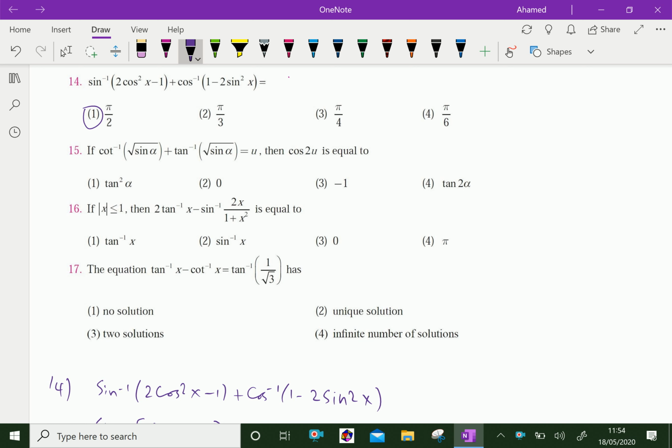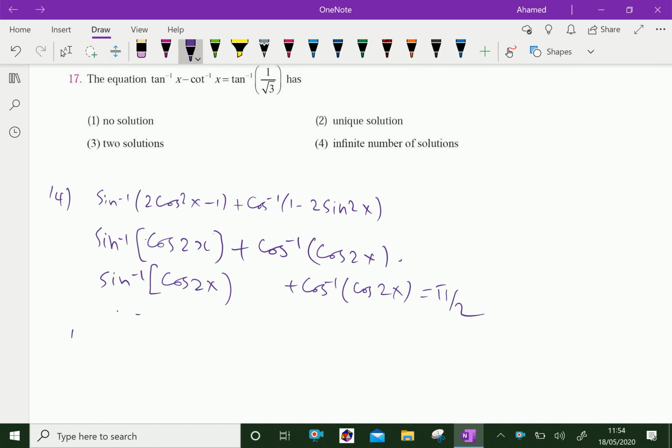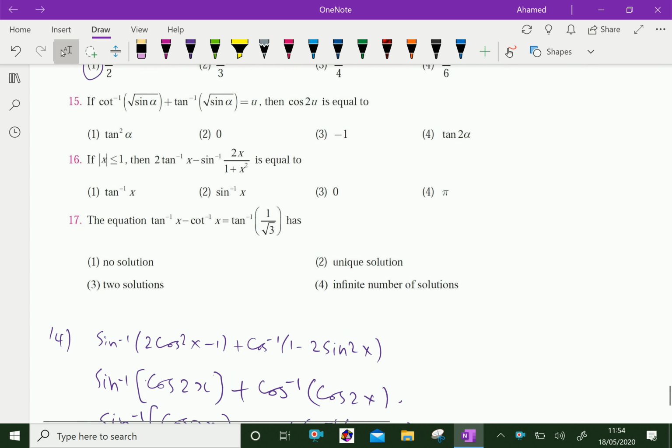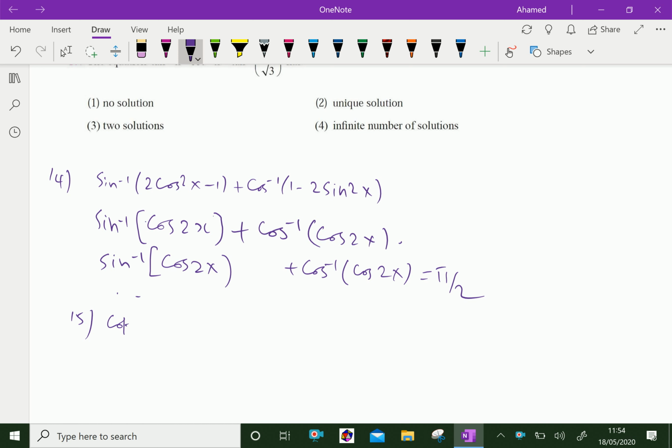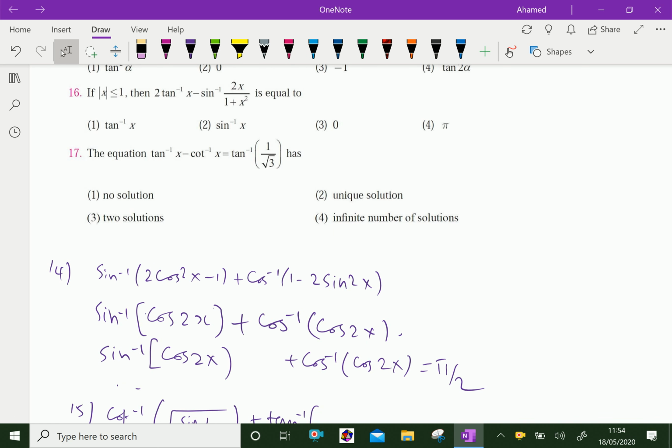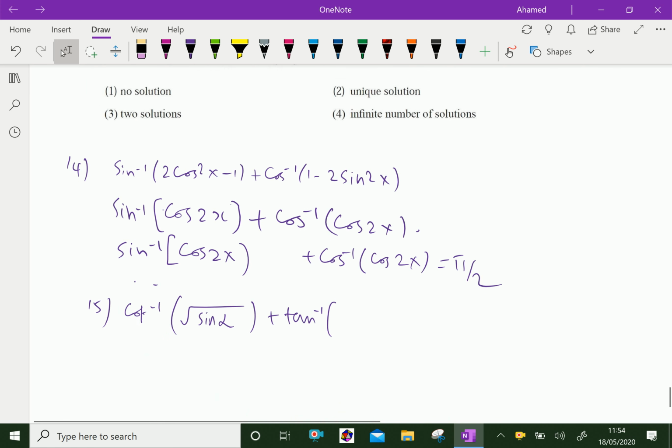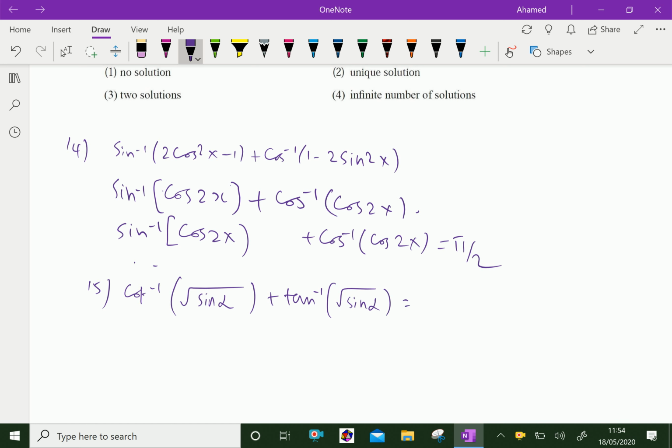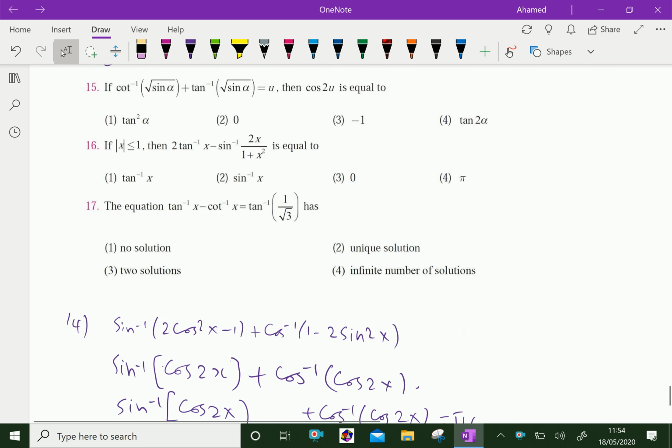Now question number 15. Cot inverse of root sine alpha plus tan inverse of root sine alpha equal to u, then cos 2u is?